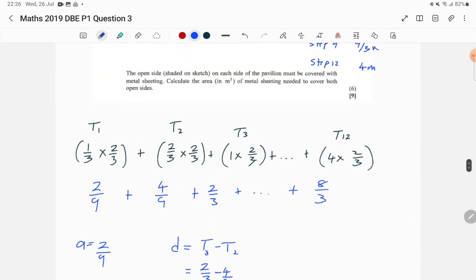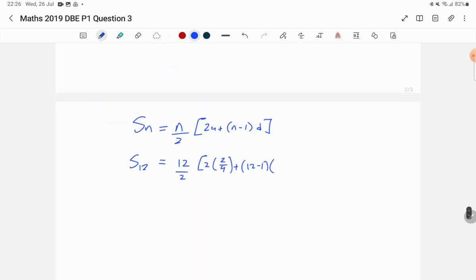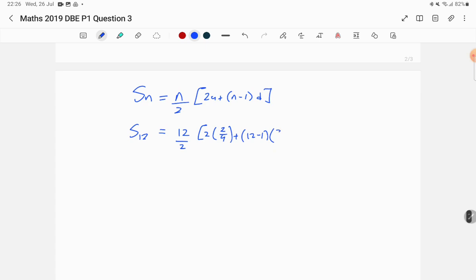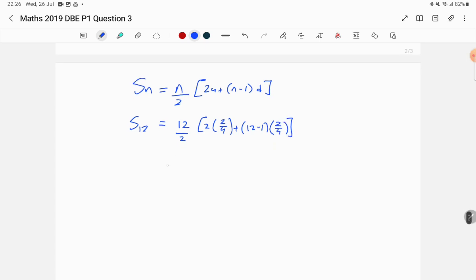In this instance, our difference and our a value are exactly the same. But don't forget that that's multiplied. Putting this into a calculator, we should get 52 over 3 meters squared.